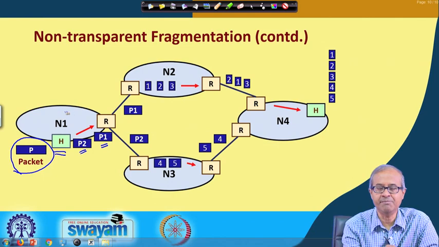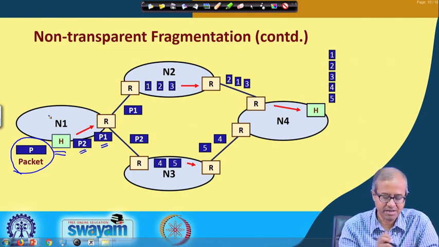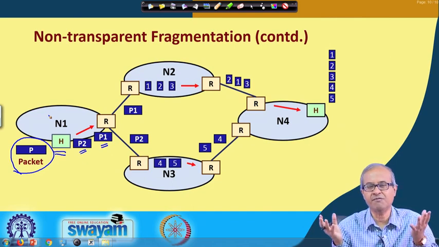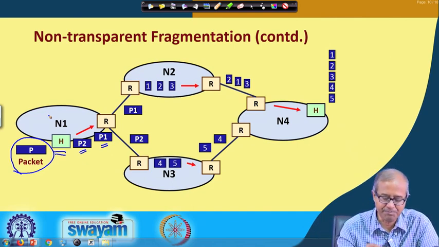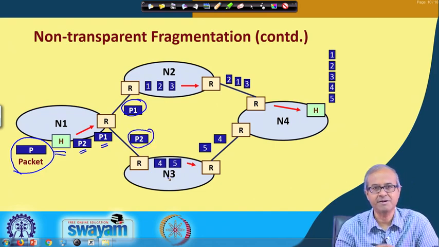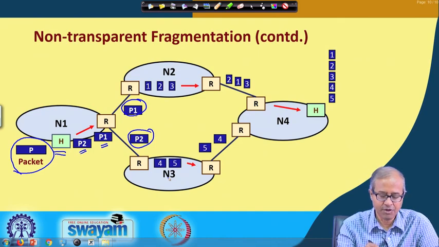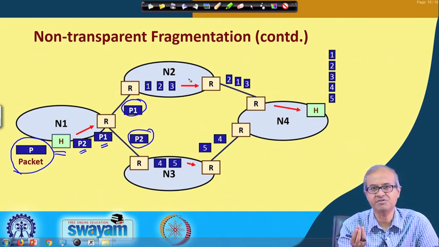It depends on the MTU of N1. N1 is small, so it has to be broken into two fragments. Now, suppose a datagram can flow through any path. Let us say P1 goes through N2 and P2 goes through this network N3. It may so happen. Now, when P1 reaches N2, maybe the MTU of N2 is even smaller.